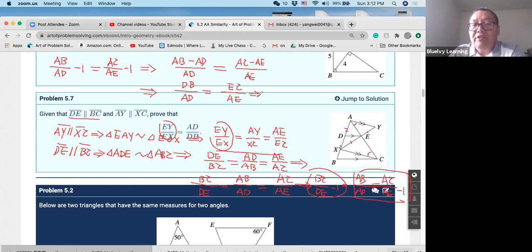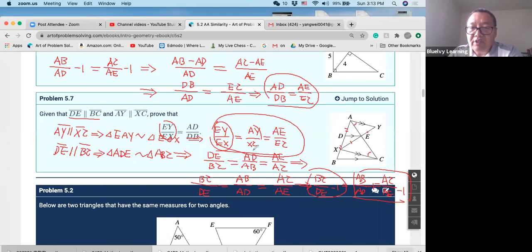Then you can flip these two again. You can get AD over DB equals AE over EC, right? So now you compare this one with this. Say EY over EX, you don't need to consider this one, just consider here. It equals AE over EC, and AD over DB also equals AE over EC.